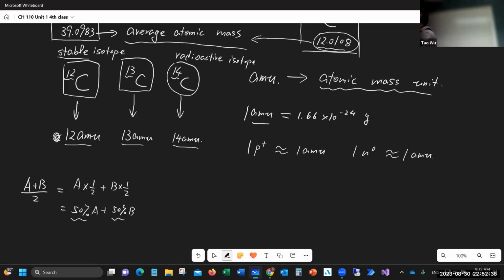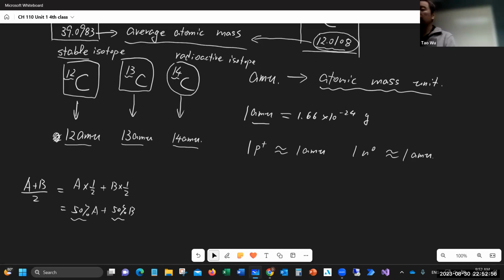It probably will change to nitrogen in a short period of time. That's why when we calculate the average atomic mass, we never count the radioactive isotope. We only count the stable isotopes for the average atomic mass.